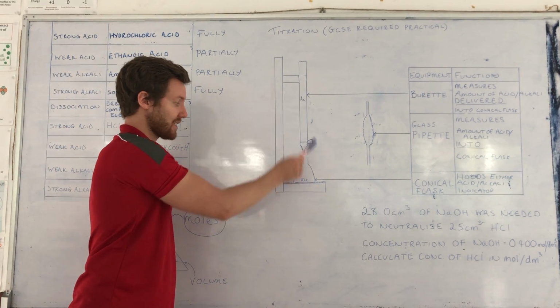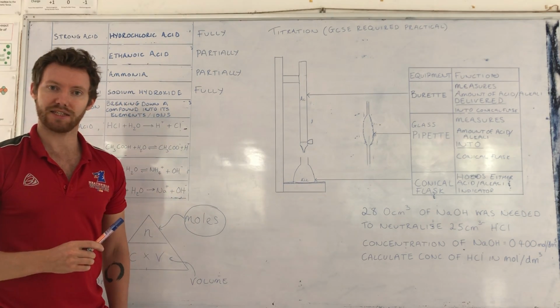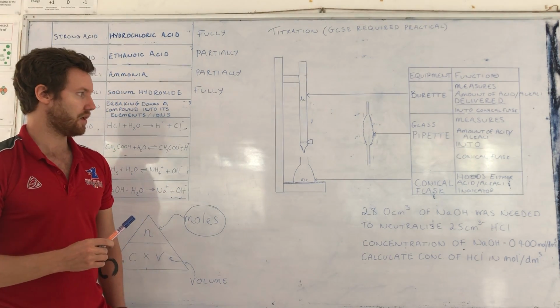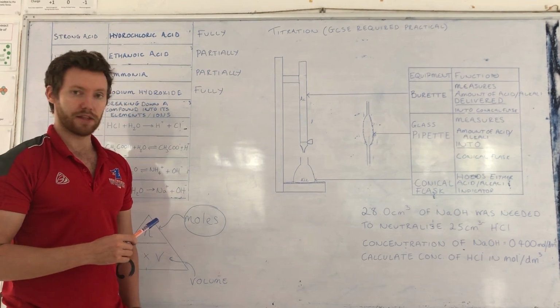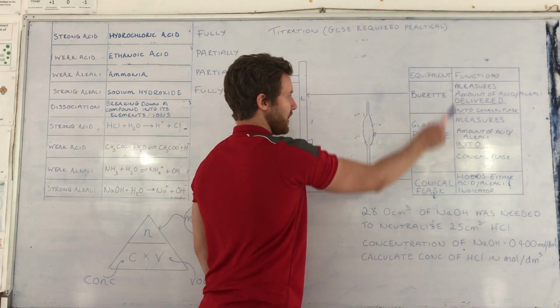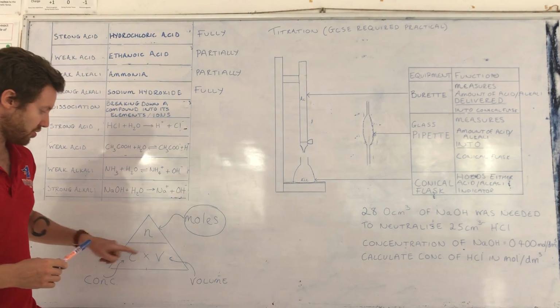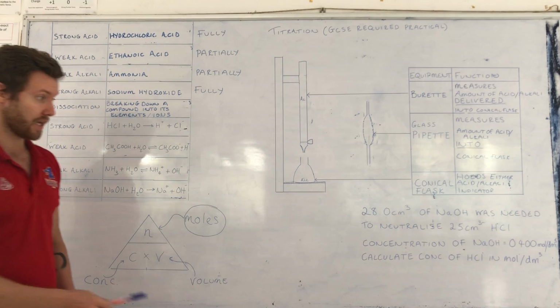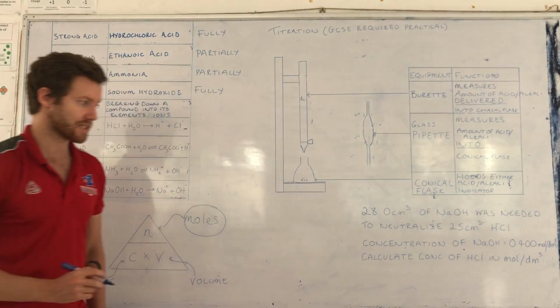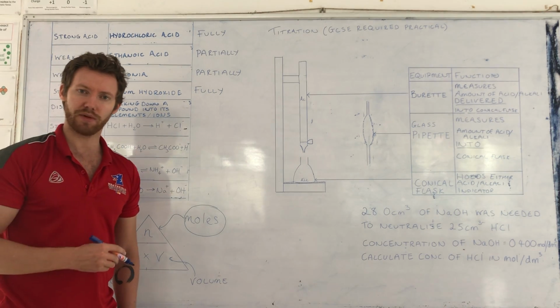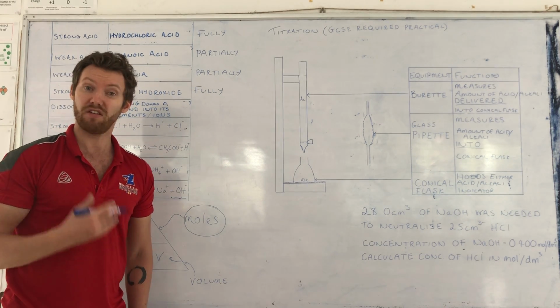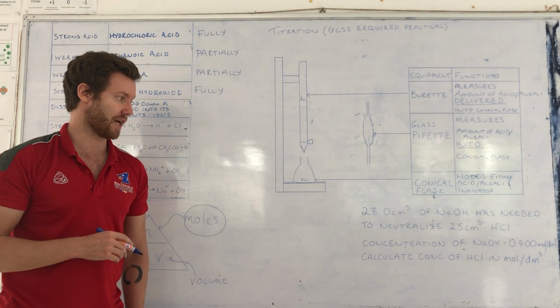Because we have an acid and an alkali reacting with each other. Okay, 3 key things, 3 functions we need to be able to identify. Let's bring all this together now using our triangle in order to calculate a quite technical question which is going to enable you to pick up either 3 or 4 marks in your exam.